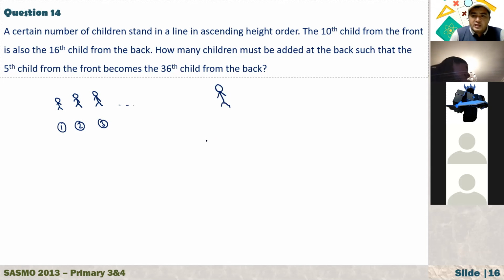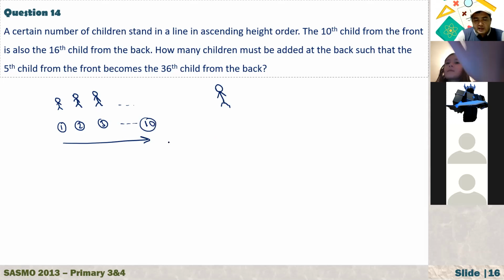Okay. So in the question, it says that the 10th child from the front, if we just come from here in this direction, actually is the 16th child from the back. If we just come from the back, actually this guy is 16th.